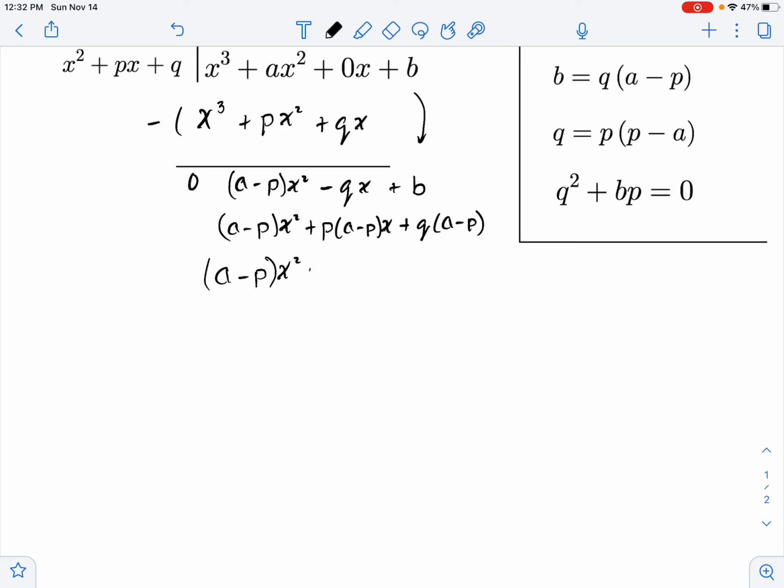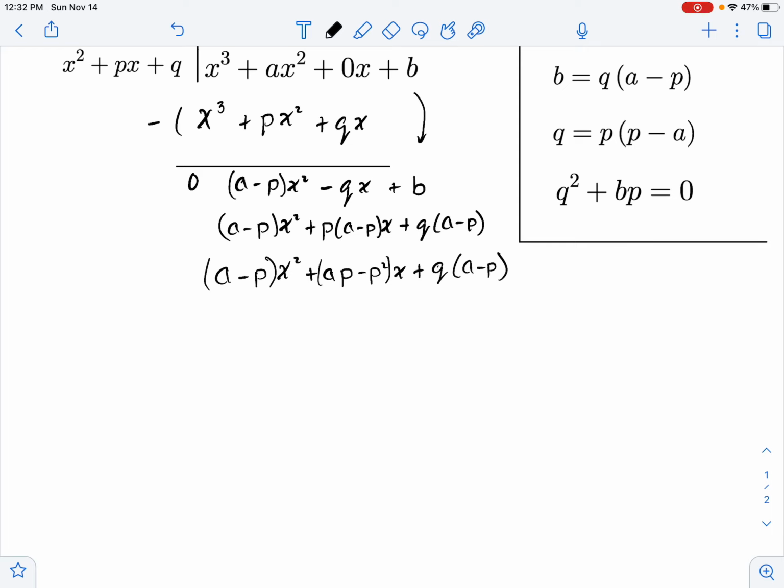That is plus ap minus p squared. When I distribute that p, I get ap minus p squared, since p times minus p is minus p squared. And that is times x, plus q on a minus p. I'm going to leave that as just q on a minus p.